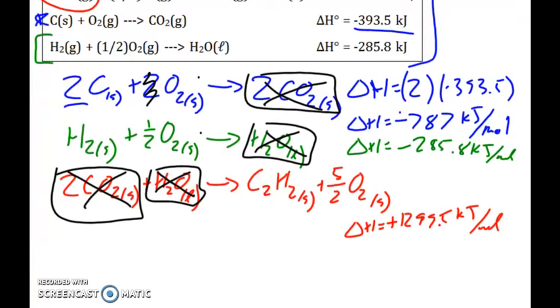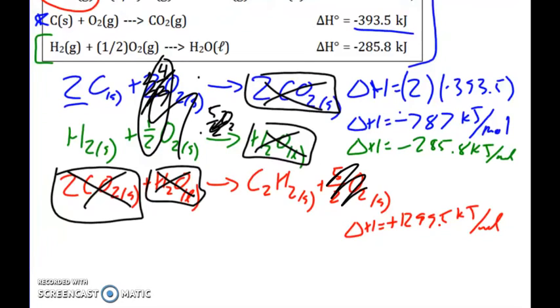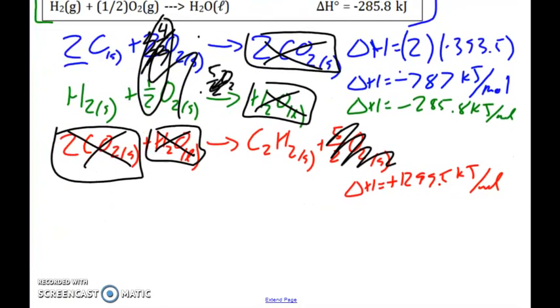Let's make it 4/2. 4/2 and 1/2 is going to be equal to 5/2 O2s, which is great because that's going to cancel out with the 5/2 over here. So what we're left with is 2 carbons plus H2 turns into C2H2.